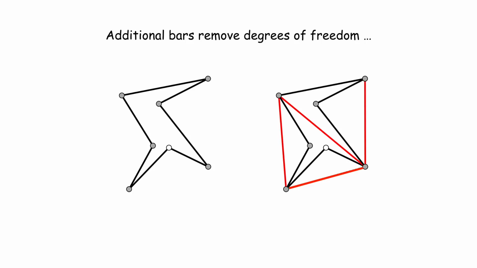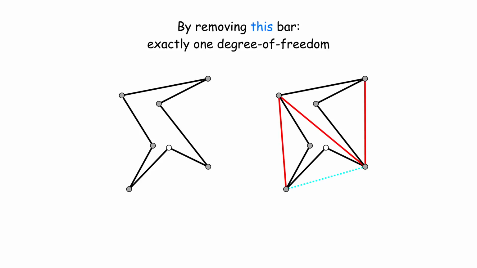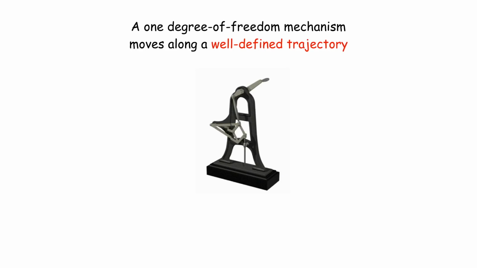I'm completely rigid. This particular one is rigid, but it's rigid in such a way that if you remove any bar, it becomes flexible. It's called minimally rigid. So if I remove one bar from this minimally rigid structure, I get something that is 1 degree of freedom, but I'm going to remove a special one, this one from the convex hull. And I get this 1 degree of freedom Peaucellier-like linkage.